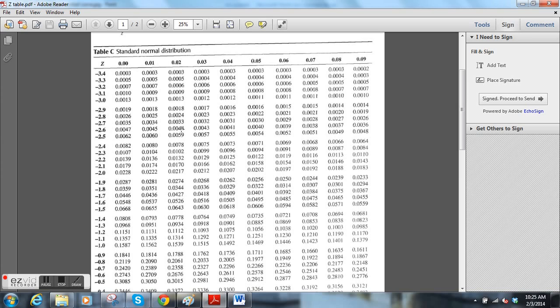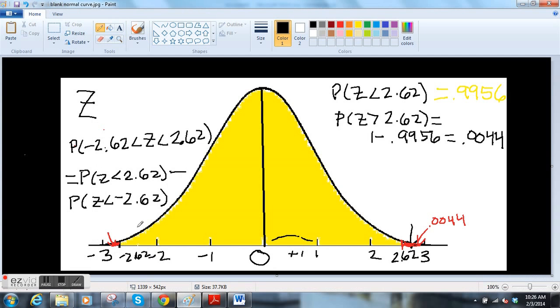Minus 2.62. That's 0.0044. So what this means is this area here is 0.0044. You could have seen that because it's symmetric, and you could have seen it on that side too.